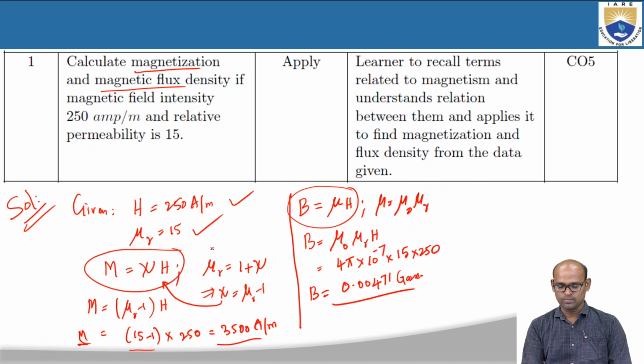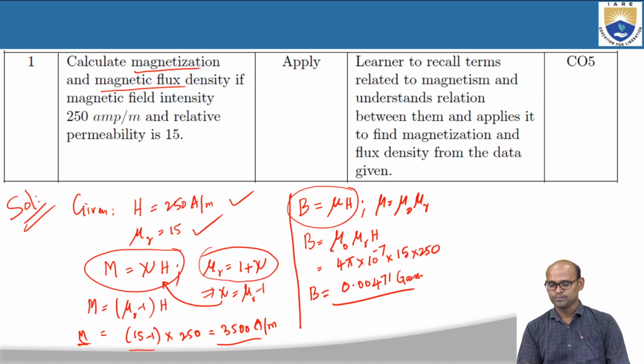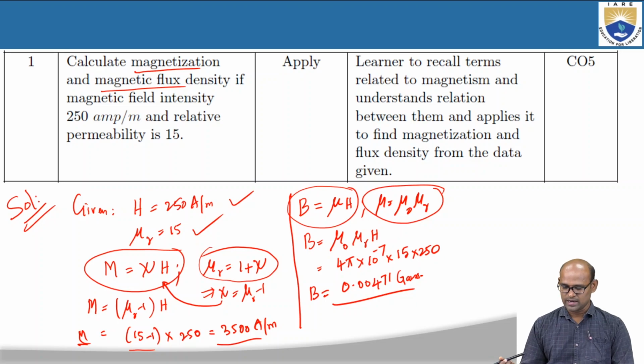So we have used mu r is equal to 1 plus chi, from which we calculated chi, and mu is equal to mu naught into mu r. Mu naught is a constant, the permeability of free space. We substituted the values of mu naught, mu r, and H to get the magnetic flux density. Okay, let us go to the next question.